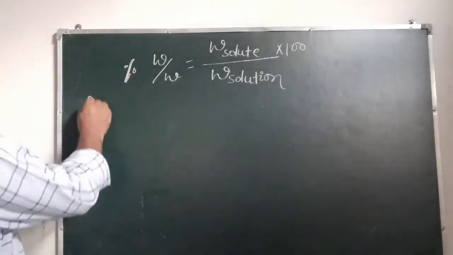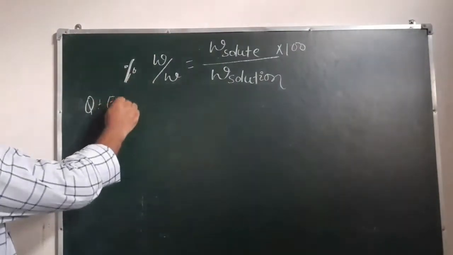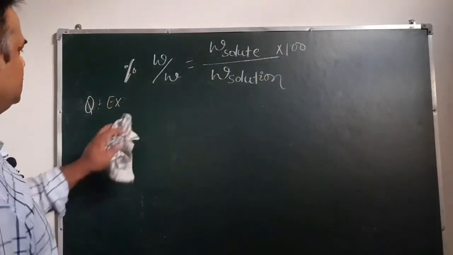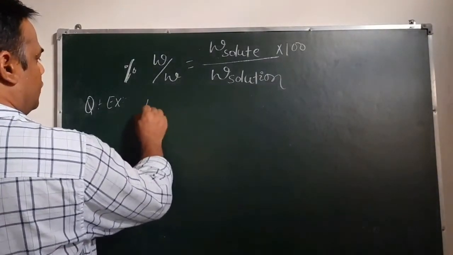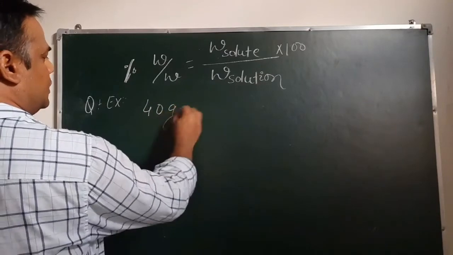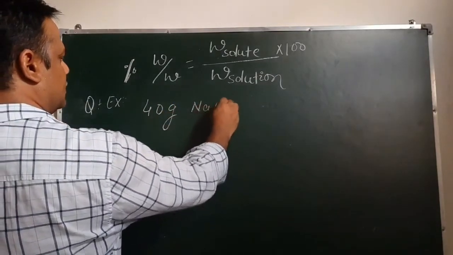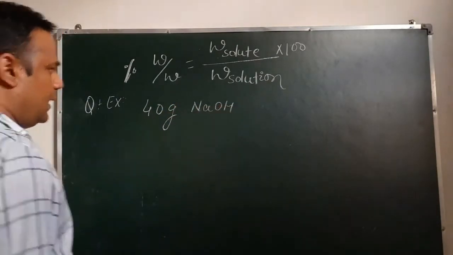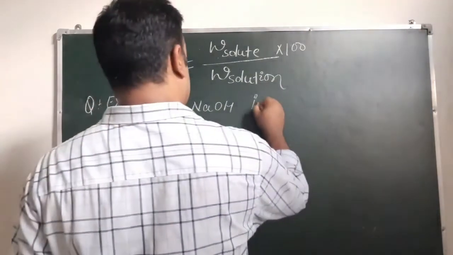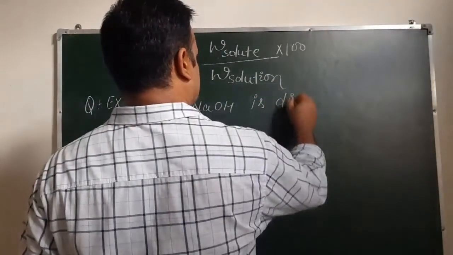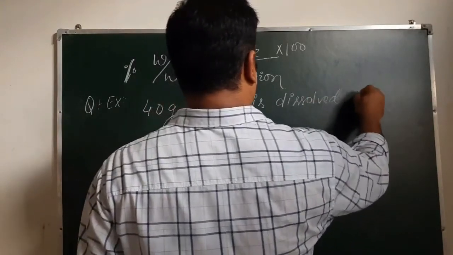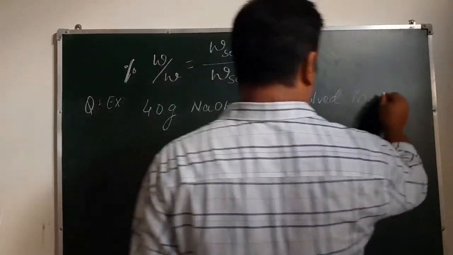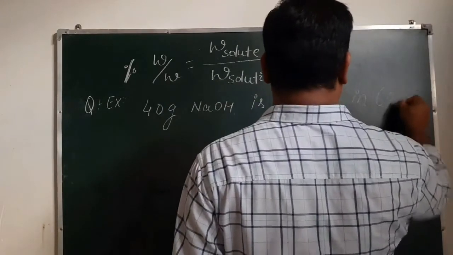One question, example. 40 gram NaOH is dissolved in 60 gram water.